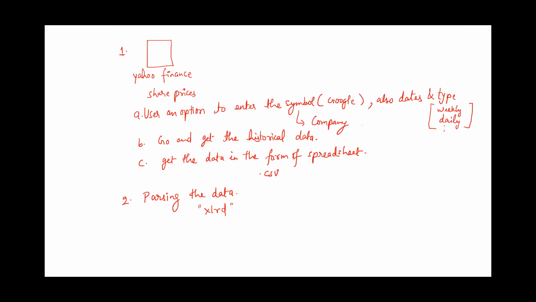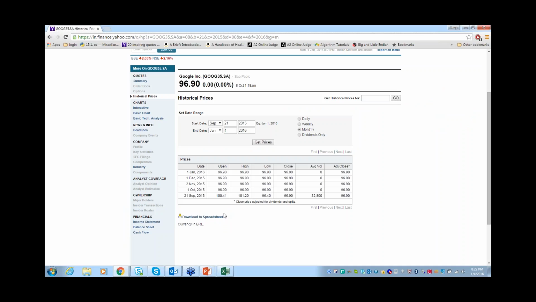Now you get the data and parse it using XLRD. XLRD will help you figure out one particular cell. Whatever I'm highlighting is only one cell in this sheet.